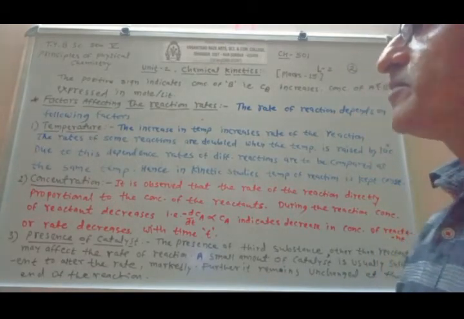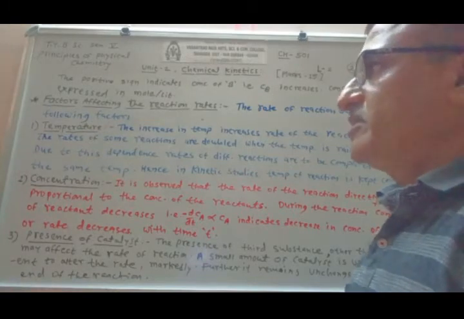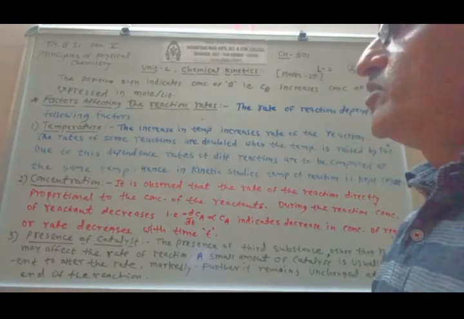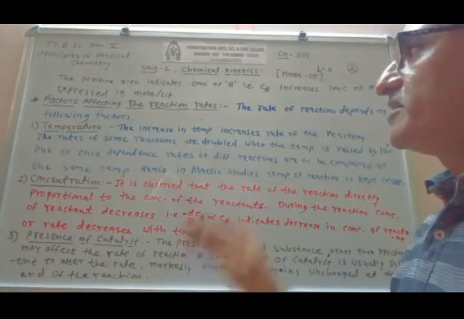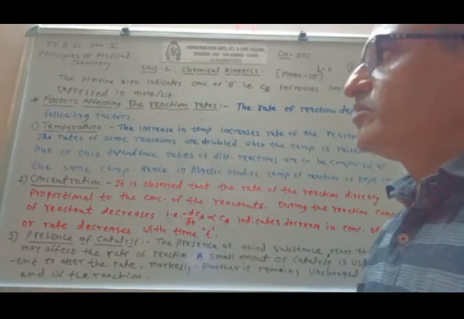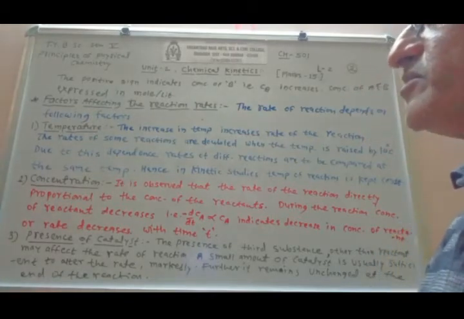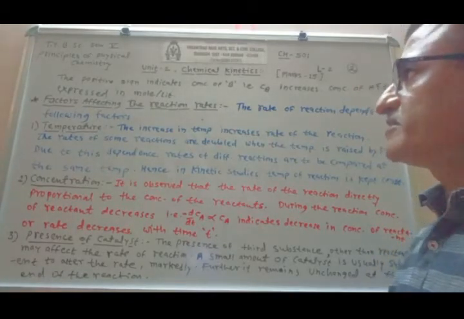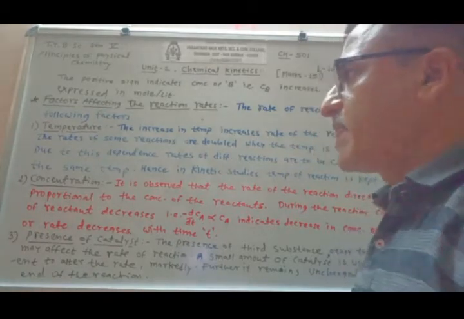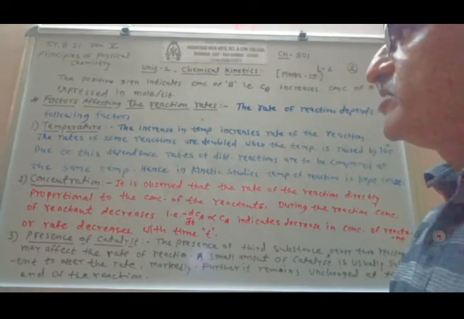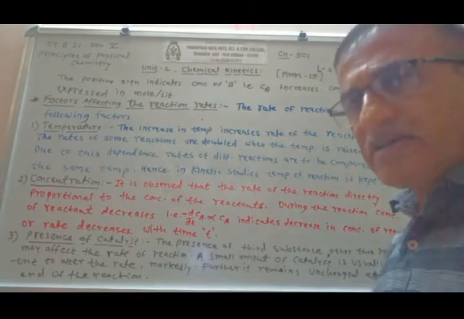Now after studying the rate, we have to discuss the factors affecting reaction rates. The reaction rate depends on the following factors. The first is temperature. An increase in temperature increases the rate of reaction.